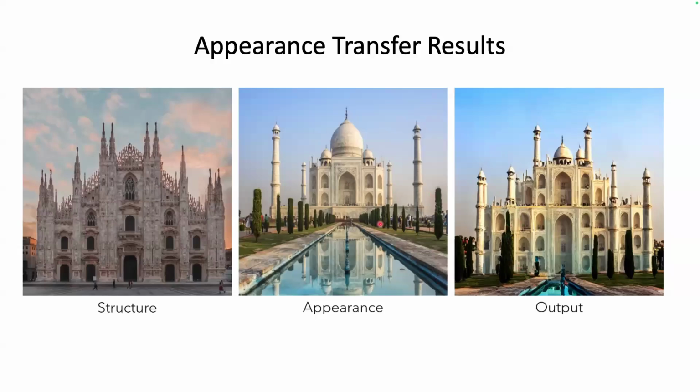To measure appearance similarity, we basically measured the similarity between different patches of the image. Because what does it mean to have a similar appearance? It basically means that the patches should have a similar distribution, so locally, the images should look similar.